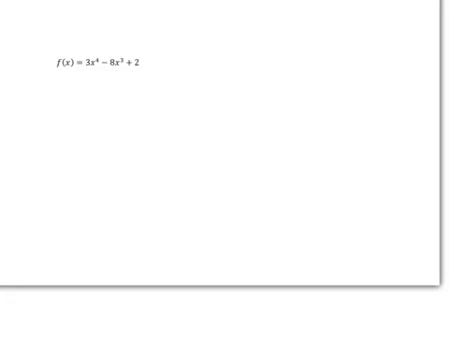F of x is equal to 3x to the 4th minus 8x cubed plus 2. All right, so first let's take the derivative of that function. So we have f prime of x is equal to 12x cubed minus 24x squared.